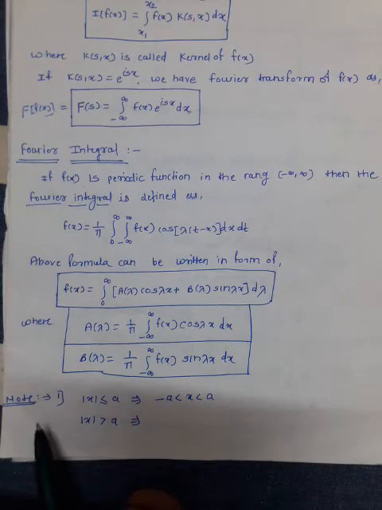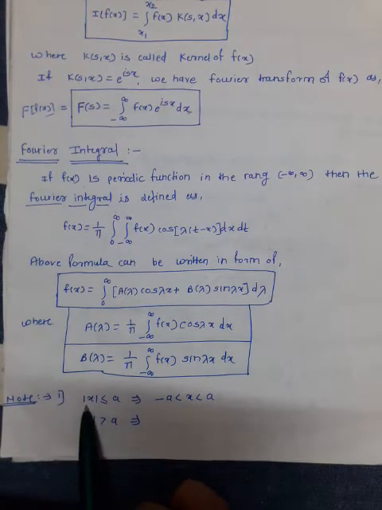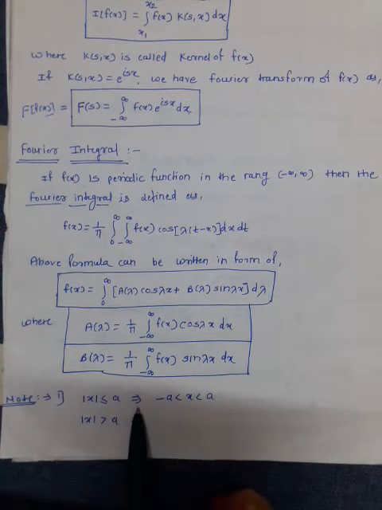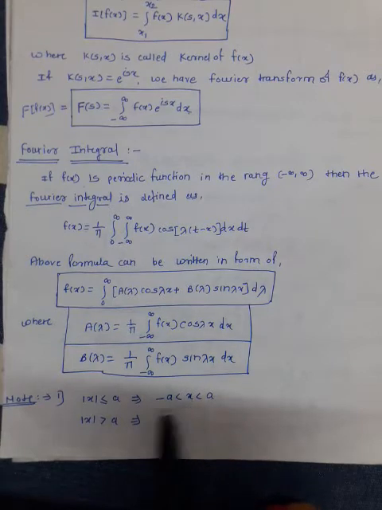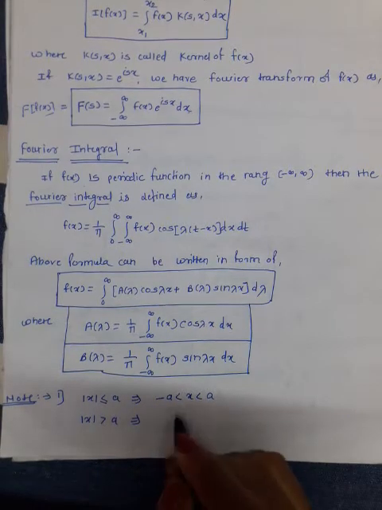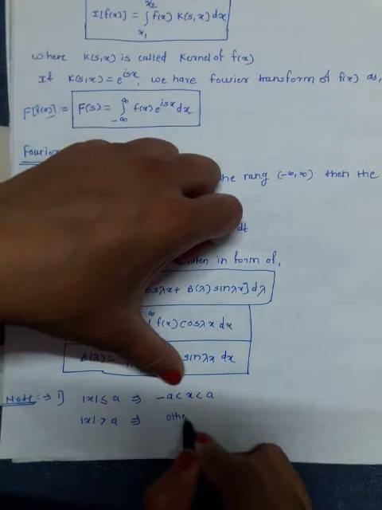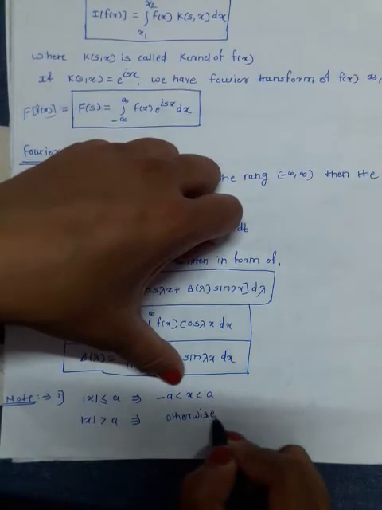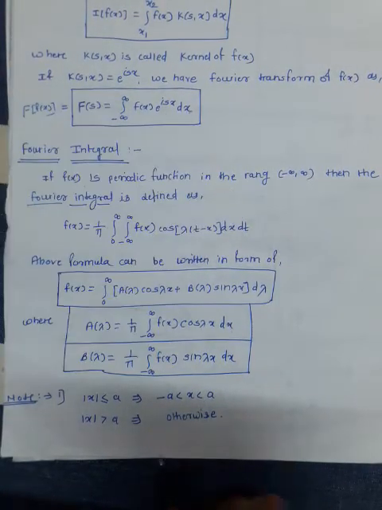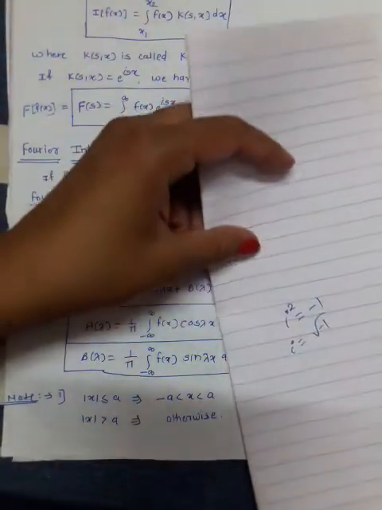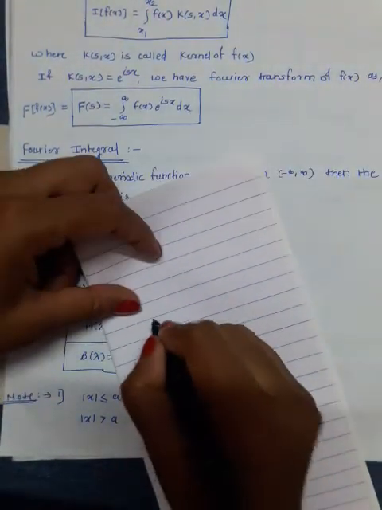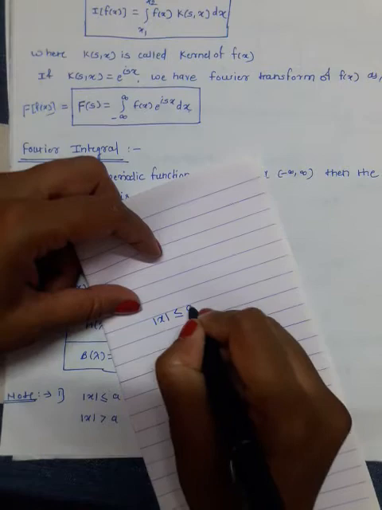Before that, let us see some notes here. Mod of x less than or equal to a means x lies between minus a to plus a, and mod of x greater than a means x otherwise. For example, how does it come? Mod of x is less than or equal to a.